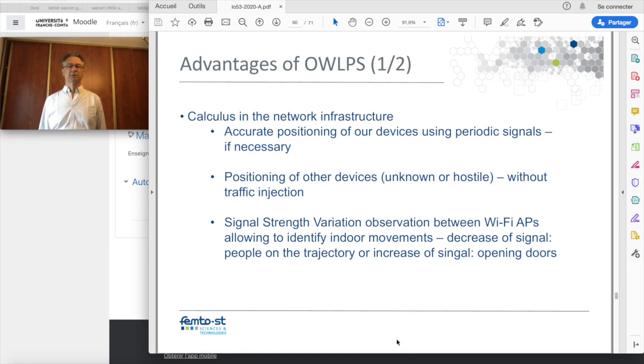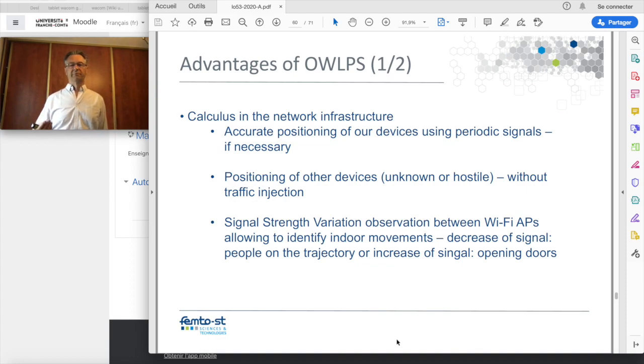So what are the advantages of OWLPS? So it makes the calculus inside the network infrastructure. So like this, you have an accurate position of your device using periodic signal if necessary. You can also have positioning of unknown device or hostile device without any traffic injection.